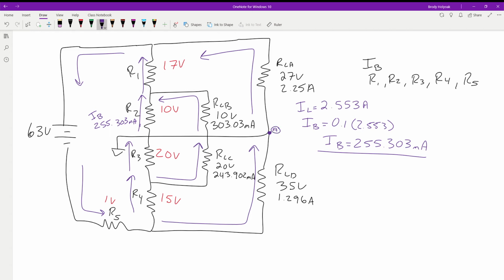We have 2.25 amps leaving the node. We have 1.296 amps coming into the node, and that's it. So we have one other connection. First of all, which direction is this current going to be going? In or out? Into the node.